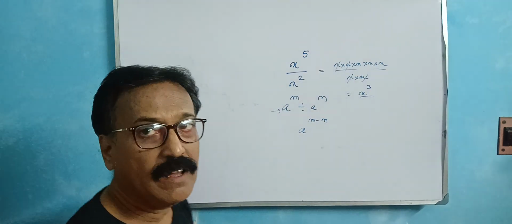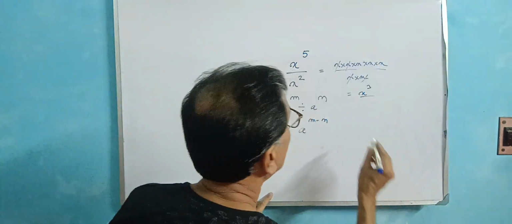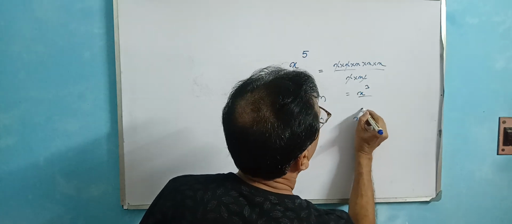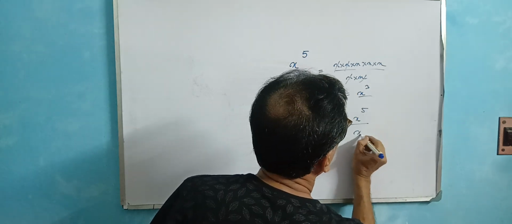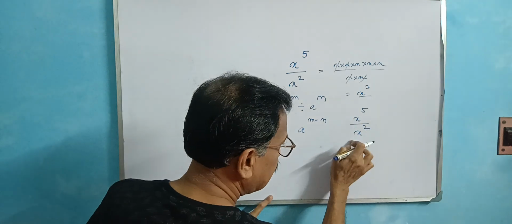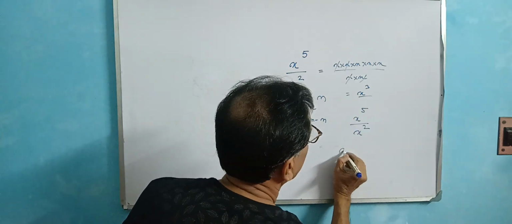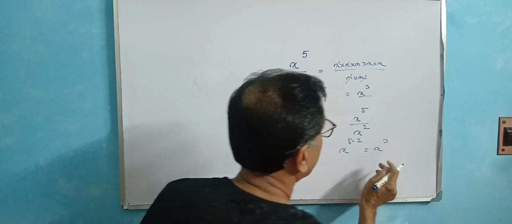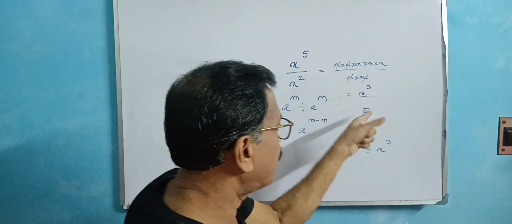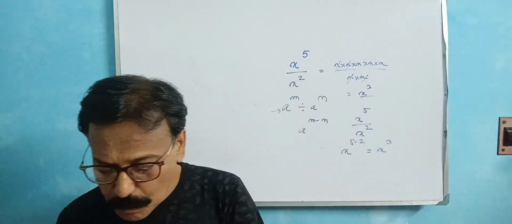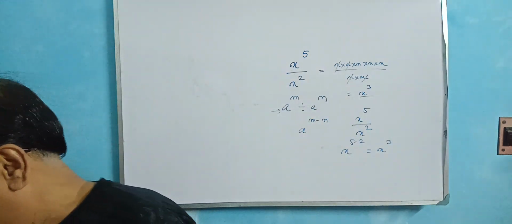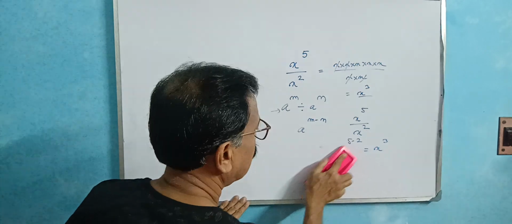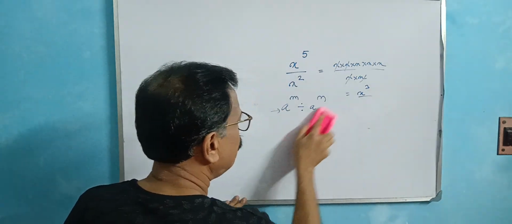This becomes the formula. Okay, so here also suppose x to the power 5 divided by x to the power 2. That means the bases are the same, so the power will be subtracted. So x to the power 5 minus 2, that is x to the power 3. This is how it came here. So you have to have an idea about this basic knowledge. This is a very important thing.